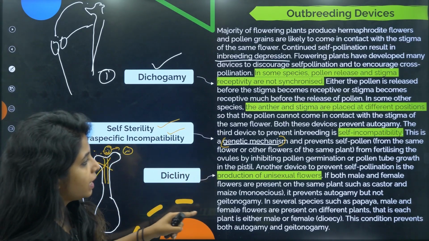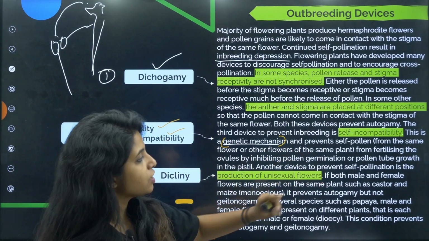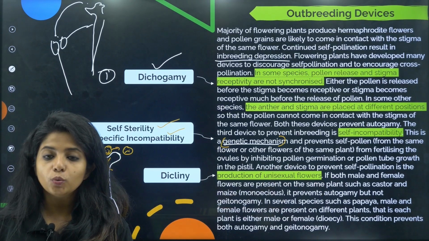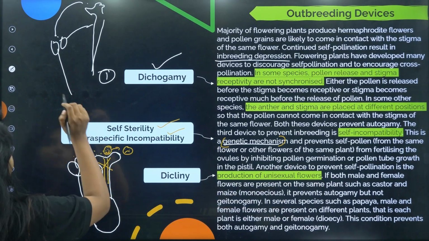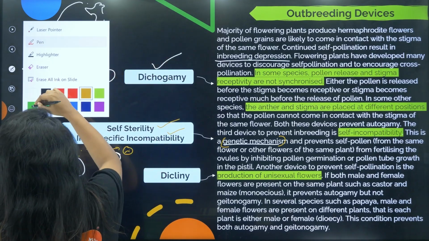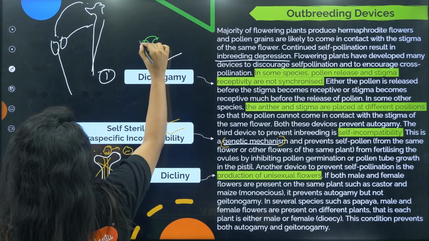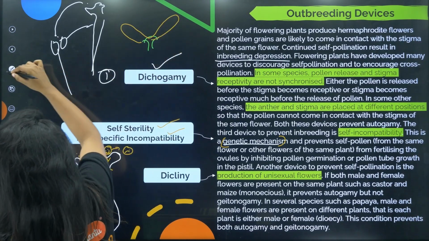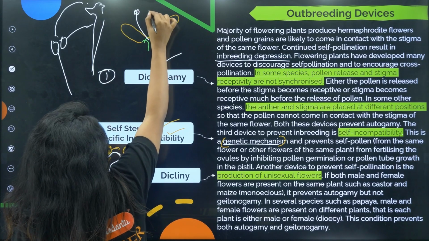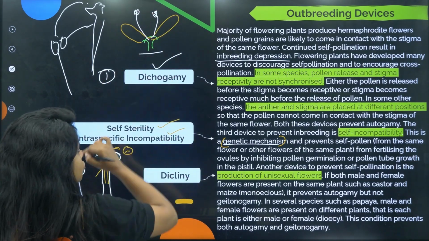Now going ahead, next thing. Another device to prevent self pollination is production of unisexual flowers. What do you mean by unisexual flowers? Basically, if we talk about a flower, if you just put the male organs and do not put the female organs, this is a unisexual flower.